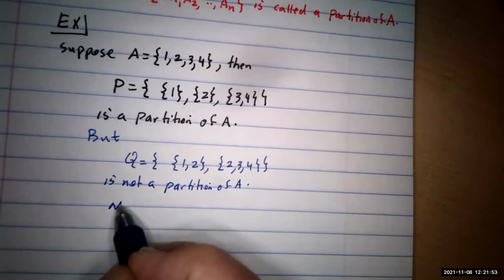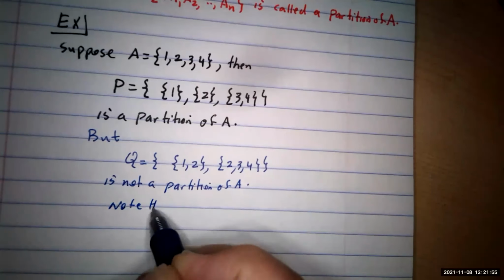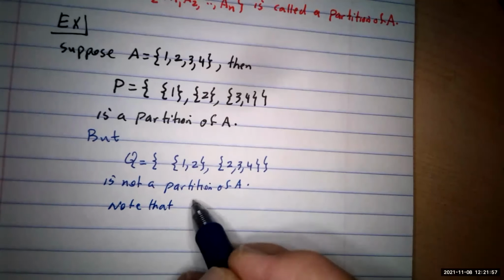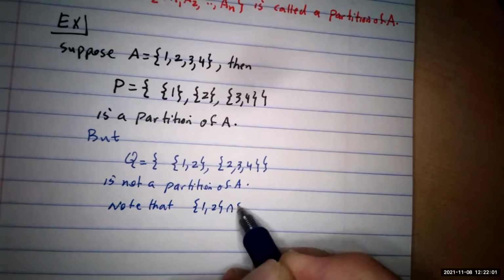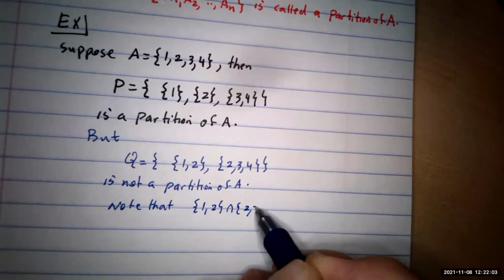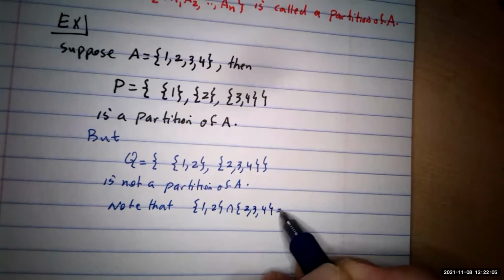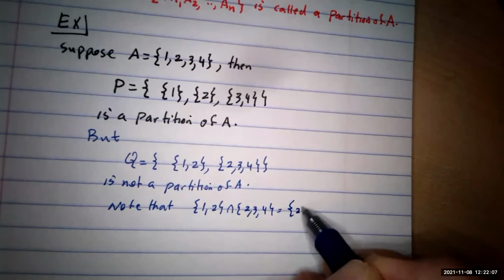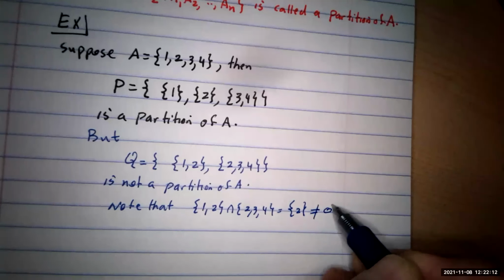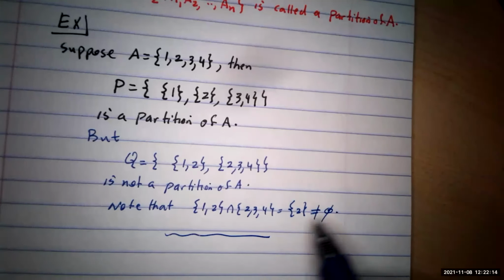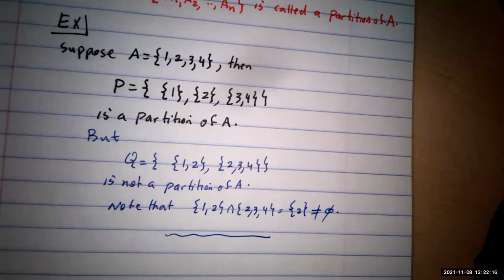And the reason is, note that the set 1, 2 intersected with 2, 3, 4 intersect at one point. So this intersection is not empty. That's why we cannot use this as a partition.